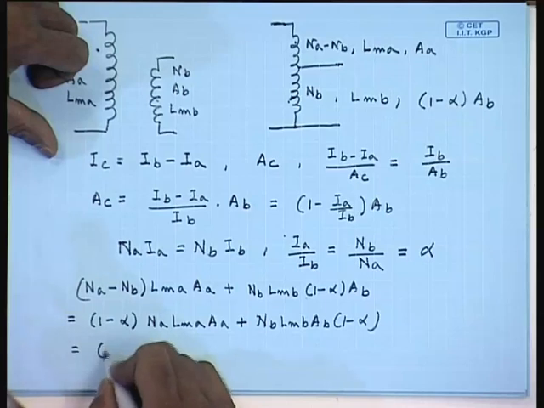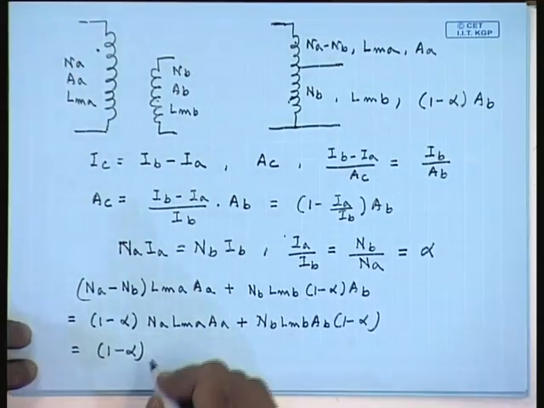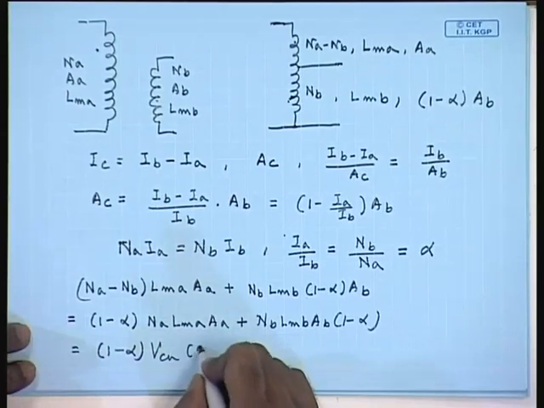Hence, this is also equal to (1 minus alpha) times the volume of copper in a 2 winding transformer.